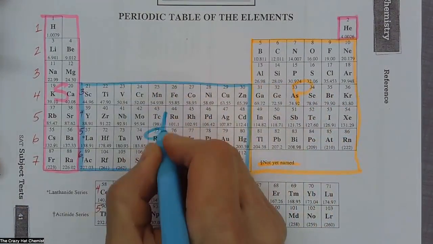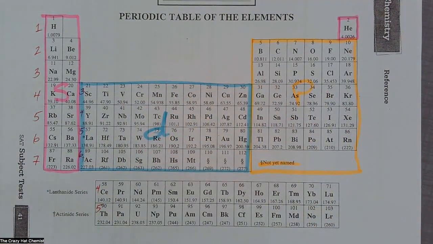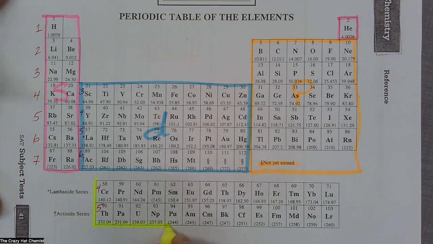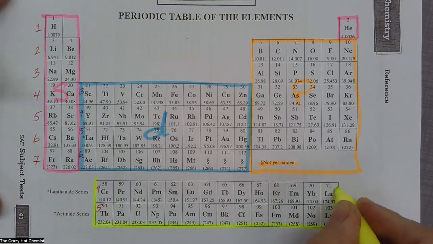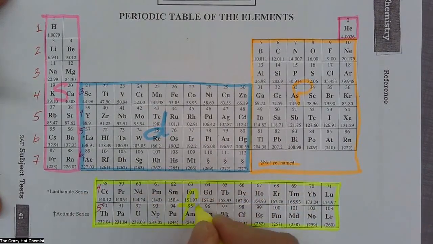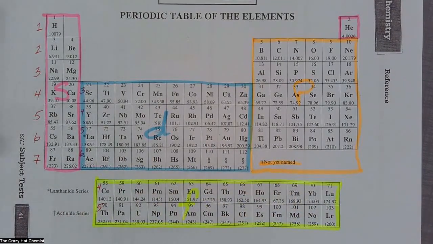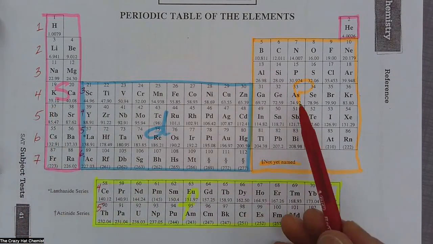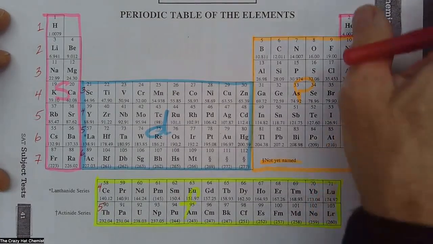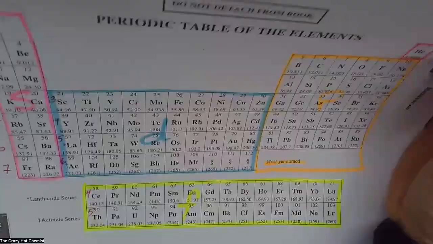In the yellow are the f-type orbitals. S is for sharp, p is for principal, d is for diffuse, f is for fundamental.